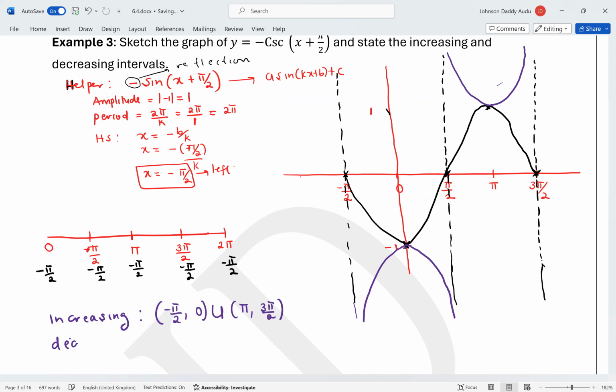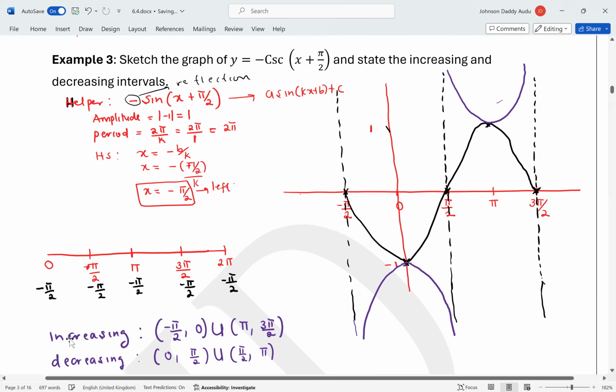Now decreasing is from here, which is going to be from 0 to pi over 2, union. Here is also another decreasing, which is from pi over 2. Remember, when you are looking at increasing and decreasing, we're interested in the values of x.